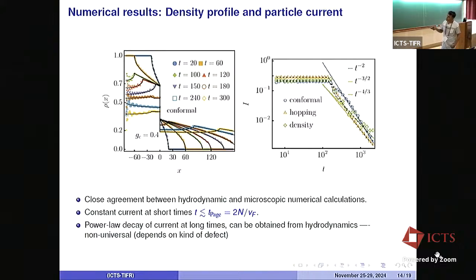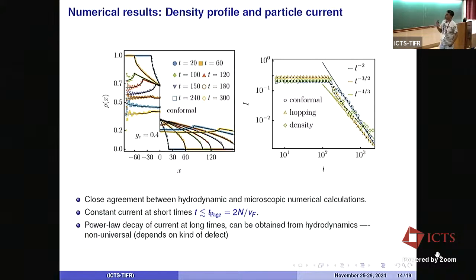There are some oscillations in the exact calculations which do not show up in the hydrodynamics, but otherwise there's perfect agreement. This is the current at the junction between the system and the reservoir. Until some time the current is completely constant, because it's like an infinite system and particles are just entering the reservoir. Then at some point it realizes that it's a finite system, and the current starts decaying.